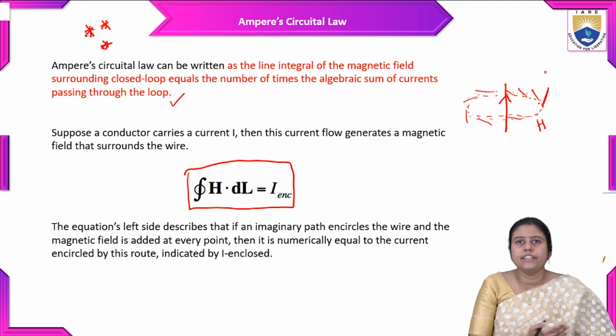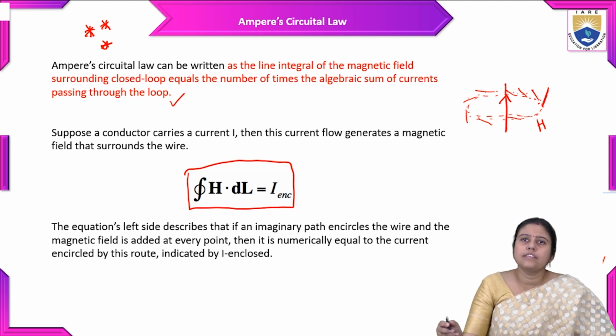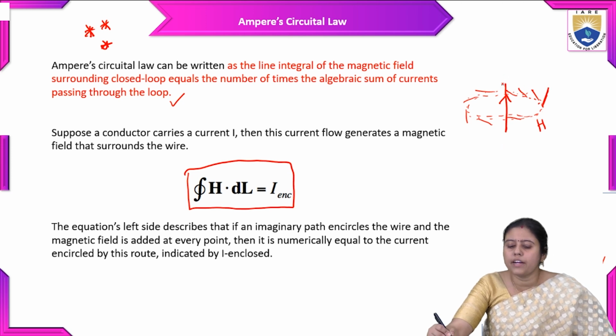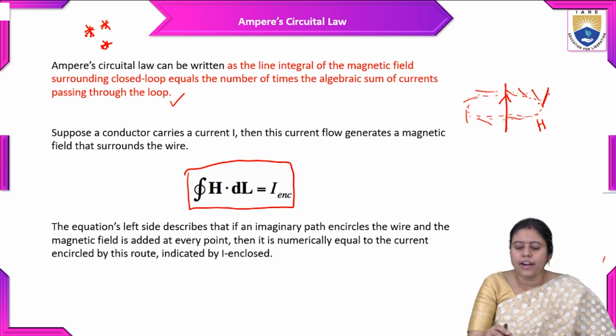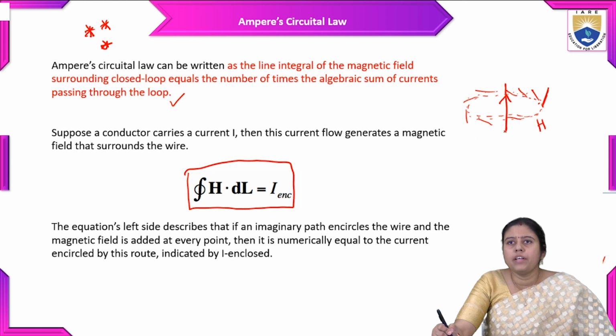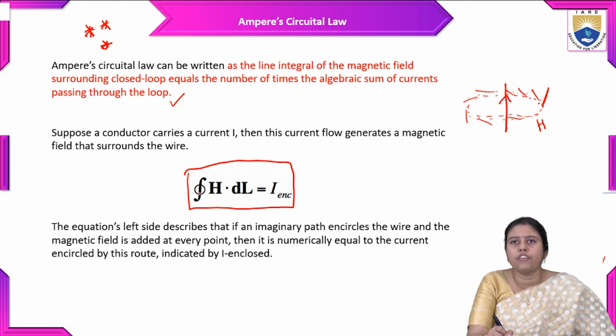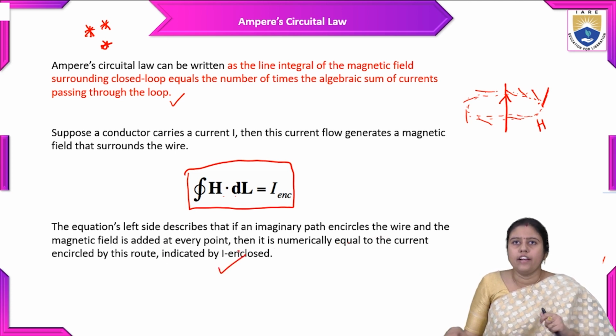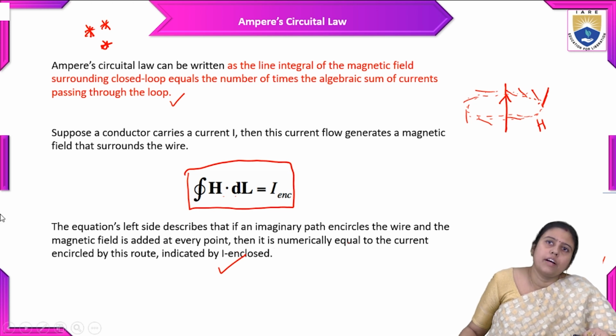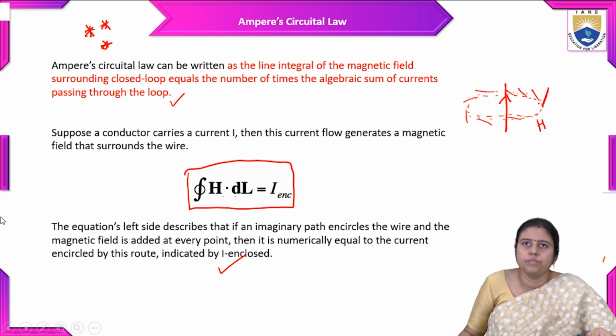Tangential. What is the amount of the current? The amount of the current is the sum of each point's magnetic field. That's why we are taking the integration of H dot dl over a closed path, and it is numerically equal to I enclosed, the amount of the current flowing in this path.